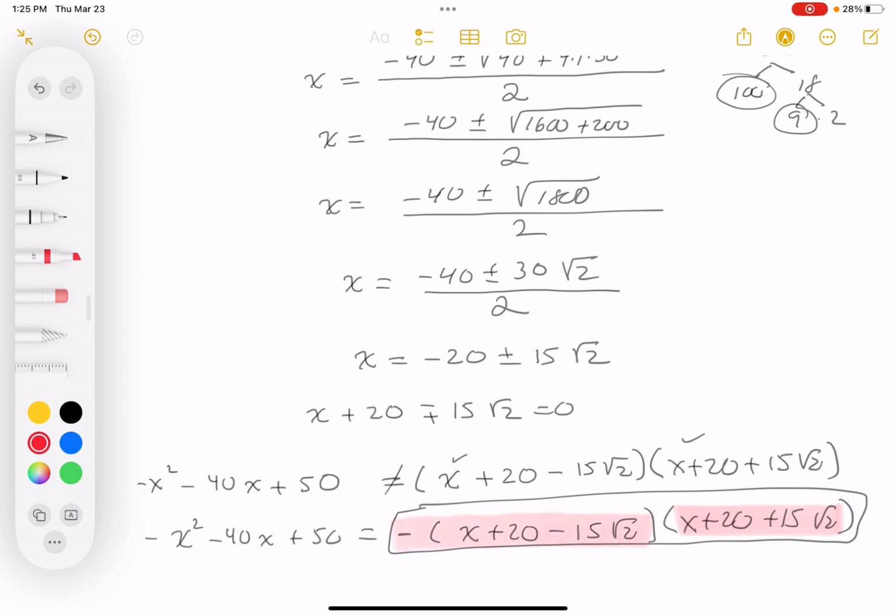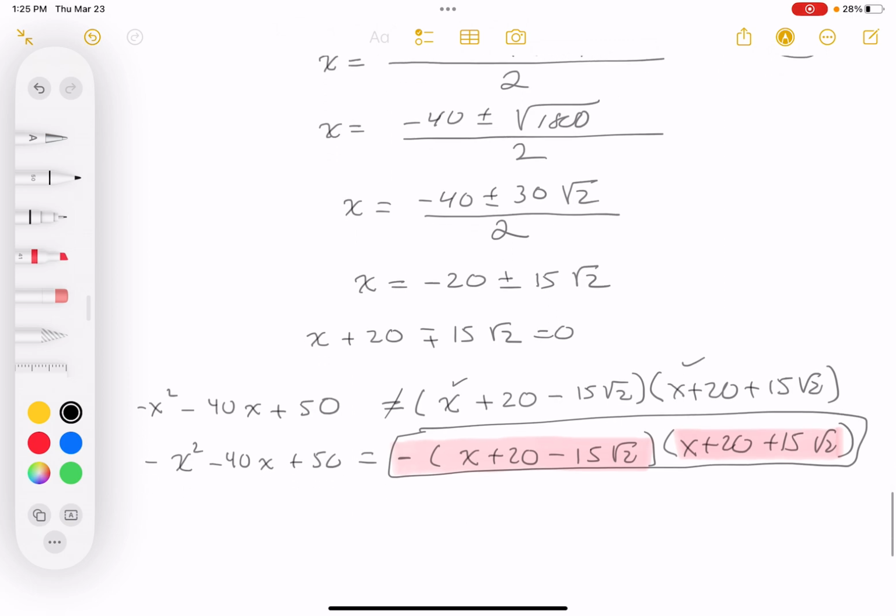What do I see? I want to point out what I'm seeing over here. What I'm seeing is 15 root 2 minus 20 minus x. Is it the same thing? It is. This and this are identical. You distribute the minus 1 across those three terms, you would get minus x minus 20, and you get 15 root 2's. So my answer is good. It stands to reason. Thank you.